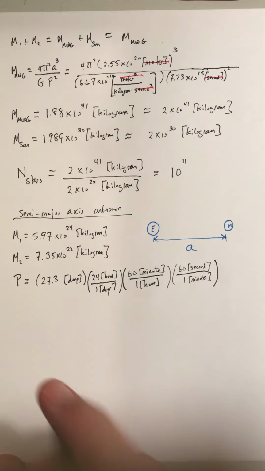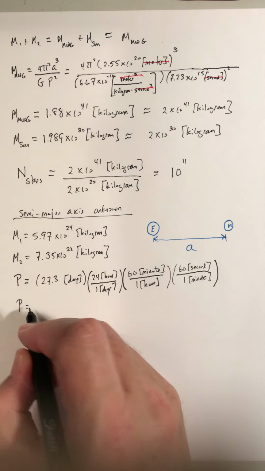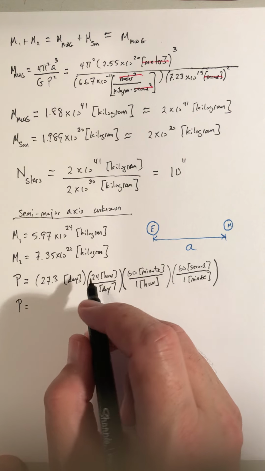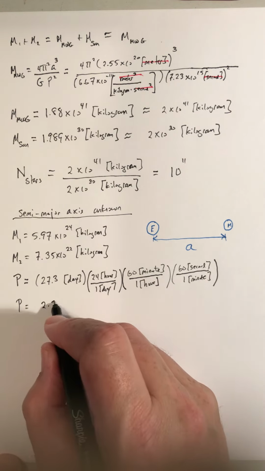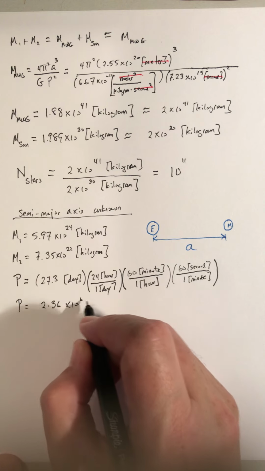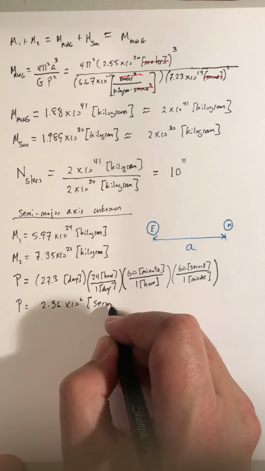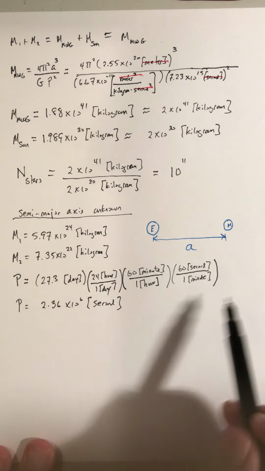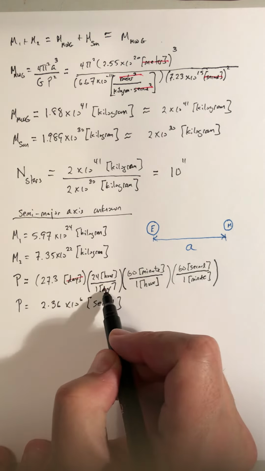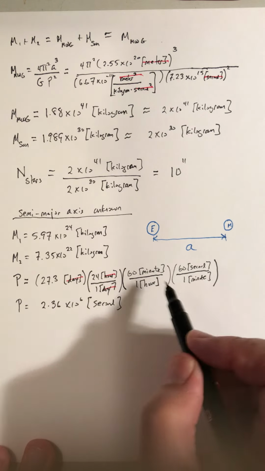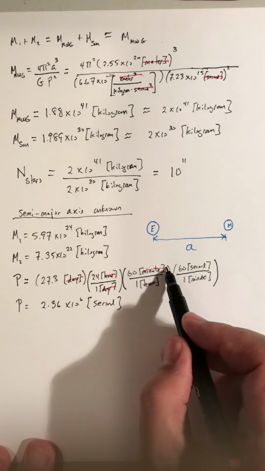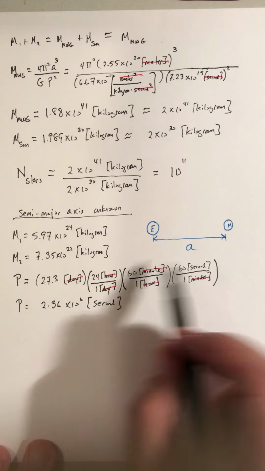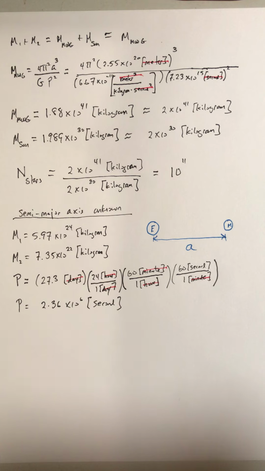Multiply all those together, we'll get a period of 2.36 times 10 to the 6th seconds. And I can go through and check that that is going to be a time in seconds, because day cancels with day, hour cancels with hour, minute cancels with minute, so the only thing left is seconds. So this is all set up correctly.